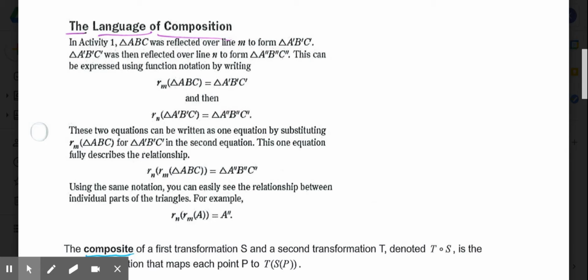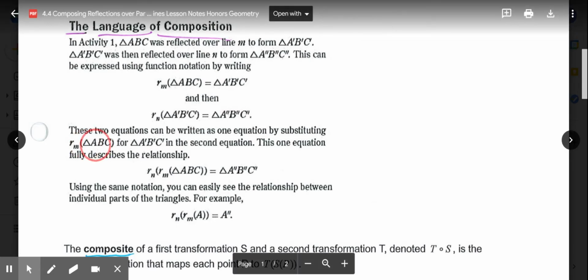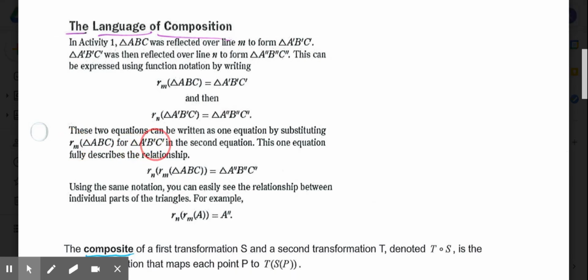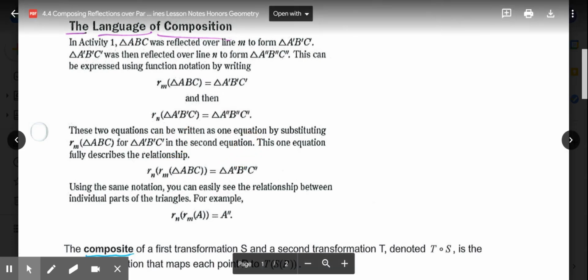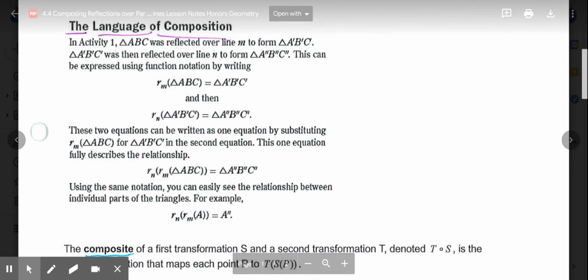So one way we can do that is these two equations can be written as one equation by substituting ABC reflected over M for the triangle A prime, B prime, C prime in the second equation. This one equation fully describes the relationship.